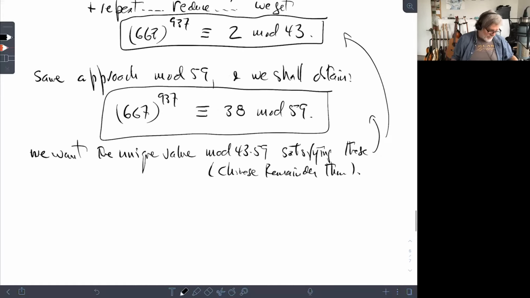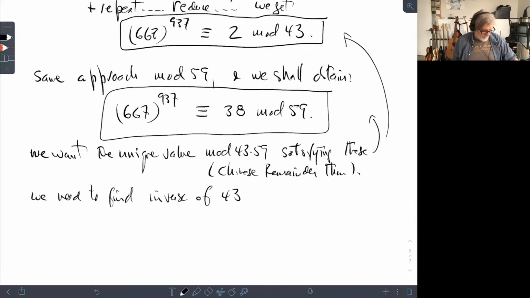So we need to find the inverse of 43 mod 59, and we also need the inverse of 59 mod 43.